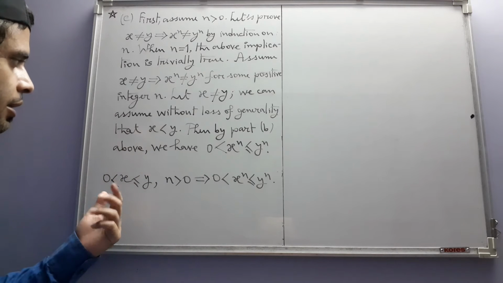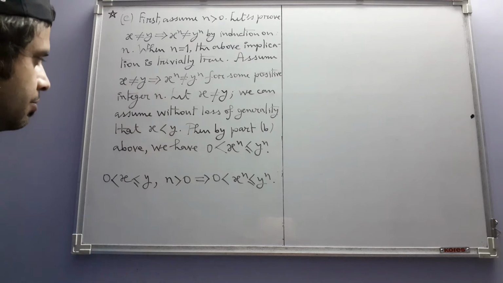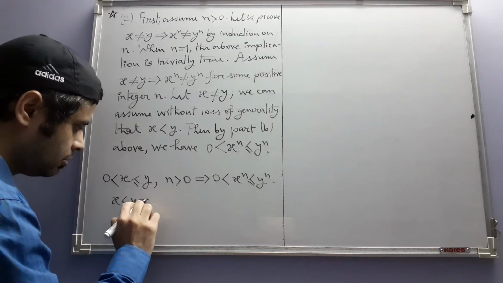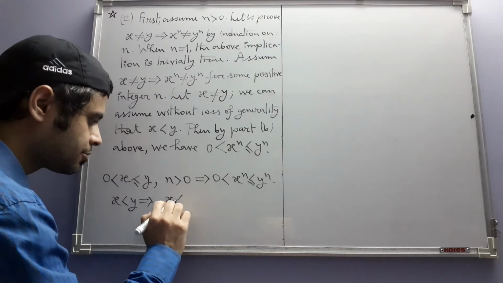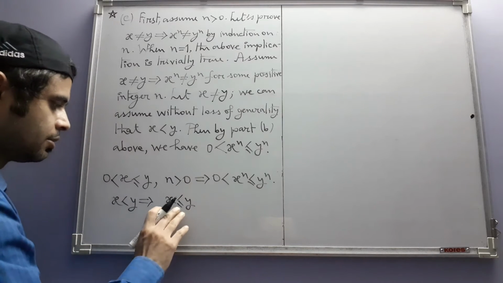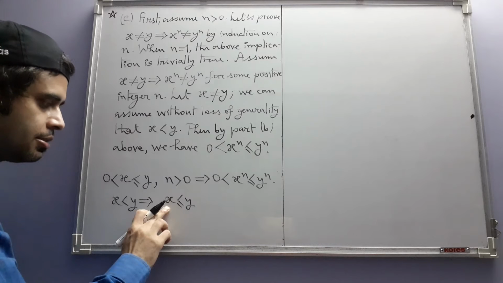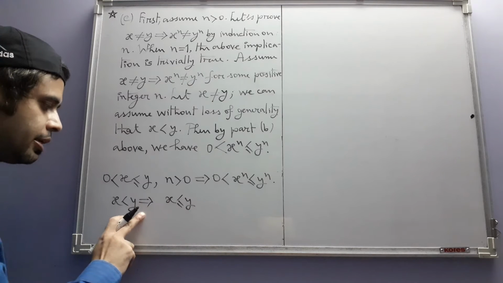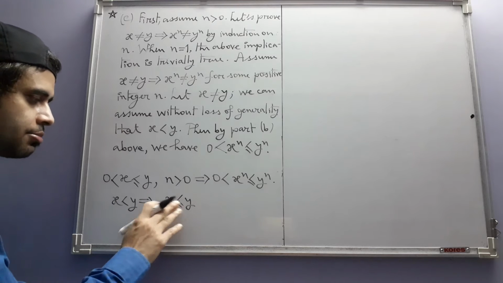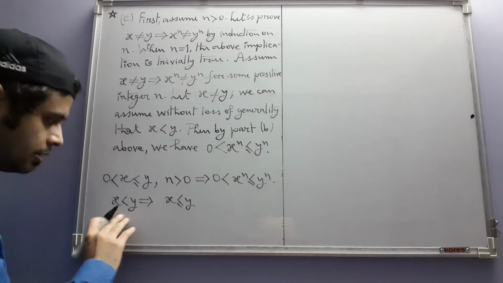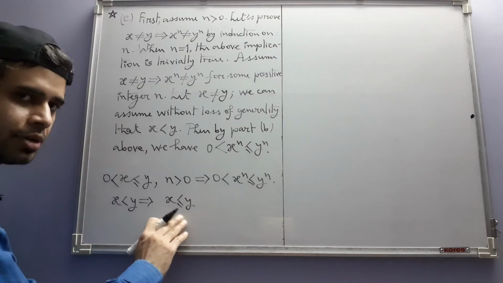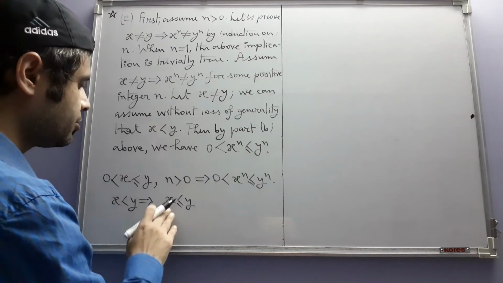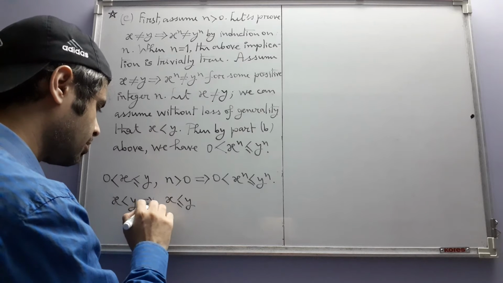Now, how are we using part B here? x less than y implies x is also less than or equal to y. The converse is not true. If x is given to be less than or equal to y, then you cannot immediately conclude that x is less than y, because x may be equal to y also. This direction, however, is true, and it is given that both x and y are positive rational numbers.